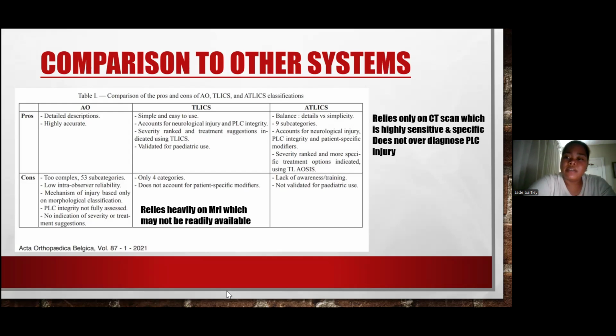So TLICS actually relied on MRI to determine the integrity of the PLC, versus the AO Spine TLICS classification, which solely relied on CT. The drawback is that you still have little awareness of this classification, and not many persons are still using same, and it's not validated for use in the pediatric population.